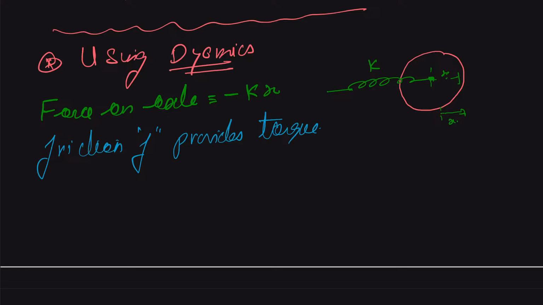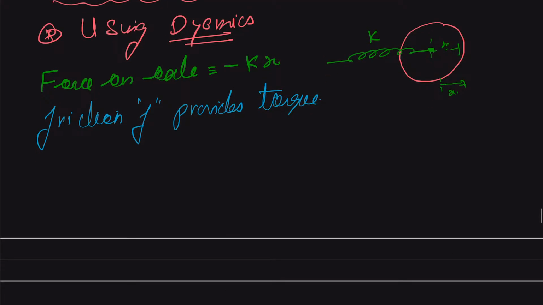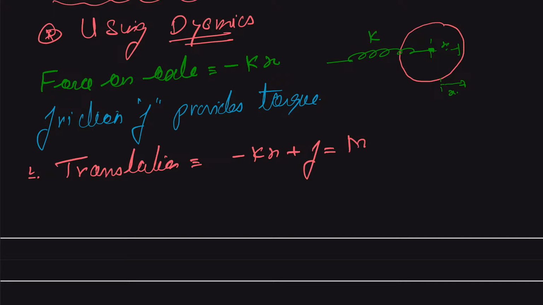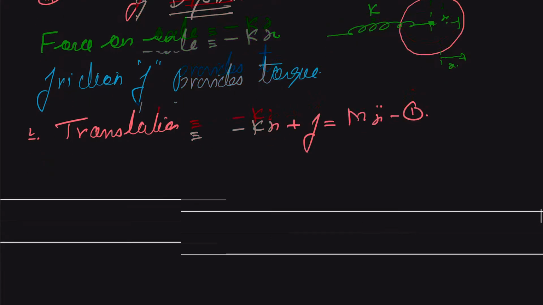So we can write the respective equations for the translational as well as the rotational. For translational motion we have the spring force, minus kx, plus the frictional force, and this equals mass into acceleration, that is x double derivative. This is the first equation.